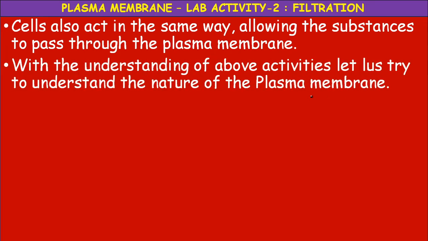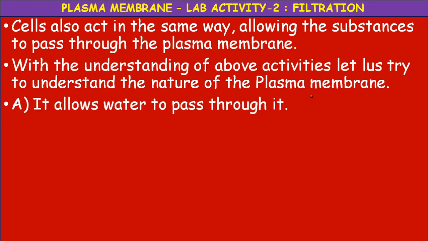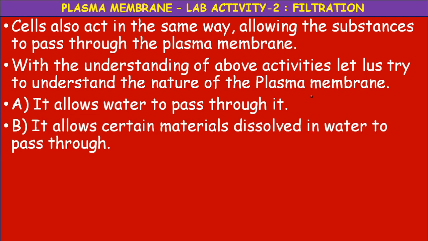With the understanding of the above activities, let us try to understand the nature of plasma membrane. The first one, it allows water to pass through it. It allows certain materials dissolved in water to pass through it.